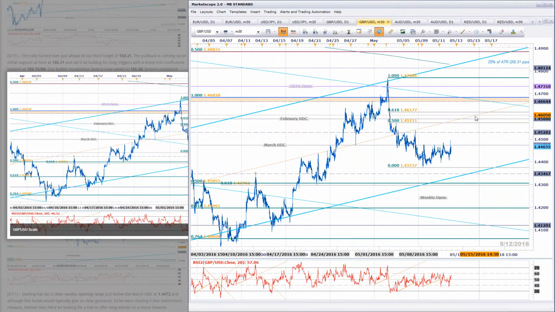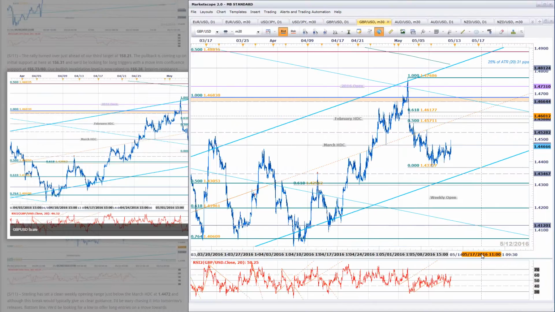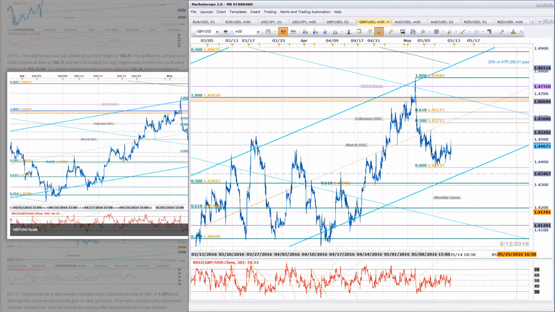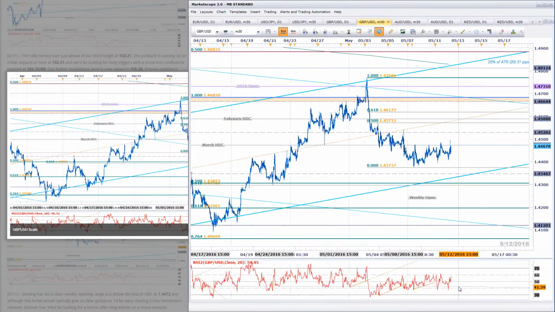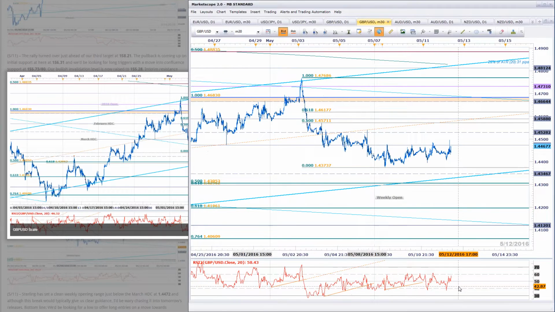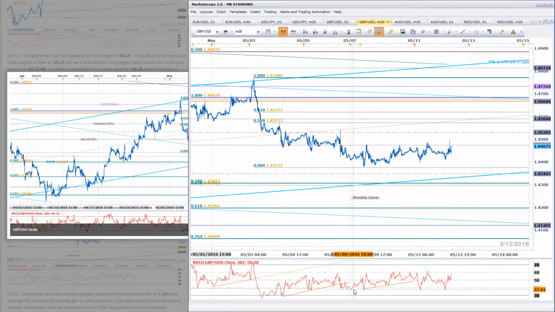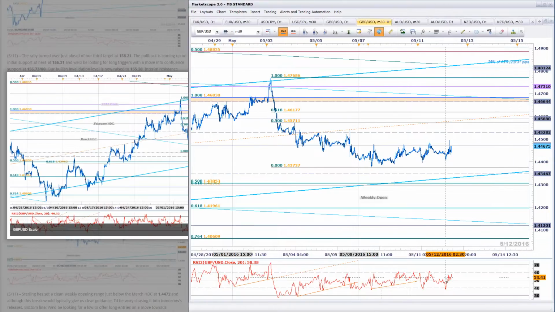Look to play a rebound back towards that median line there, and then we'll need to reassess where the pound stands at that point. Also note that the momentum signature should give us a nice tip once we finally make the break, as we've continued to hold largely 40-60 since the start of the week. So you're in the range until you're not.